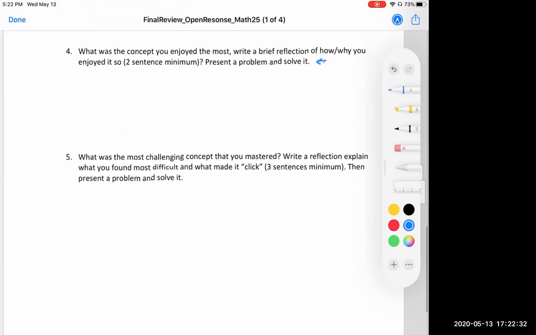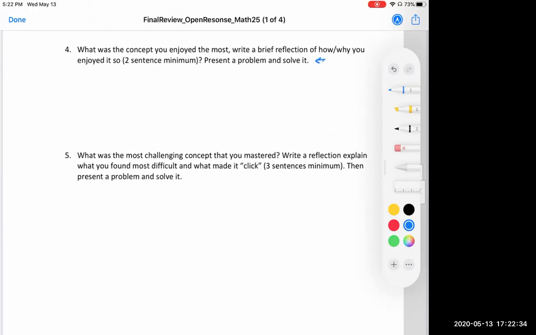And 5, what was the most challenging concept that you mastered? Write a reflection, explain what you found most difficult and what made it click. And I want 3-sentence minimum, and then give me an example of the problem. So again, you can look through your book, your online book, you can look through your homework, you can look through our notes.